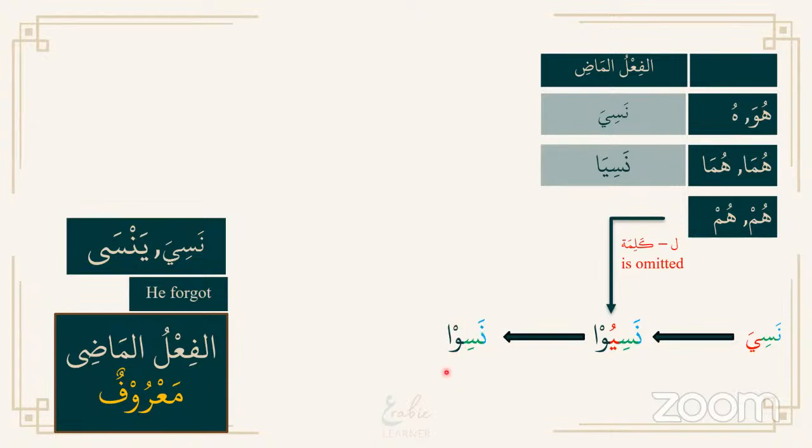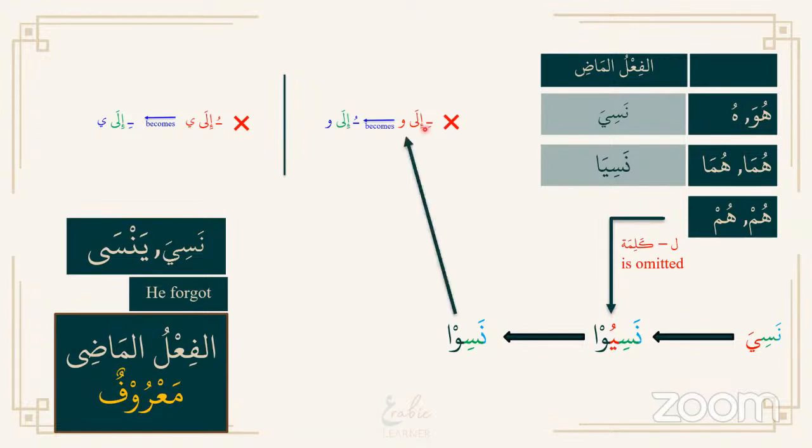Is this allowed in Arabic? Kasra before waw is not allowed in Arabic. These are the things I told you, these two things you have to remember. When there is kasra followed by waw, this is not allowed, and in this situation you make the kasra a dhamma.